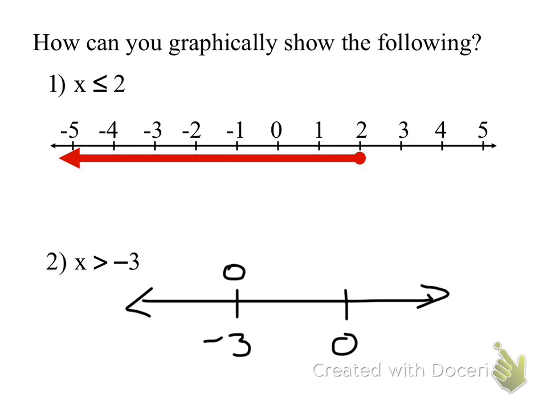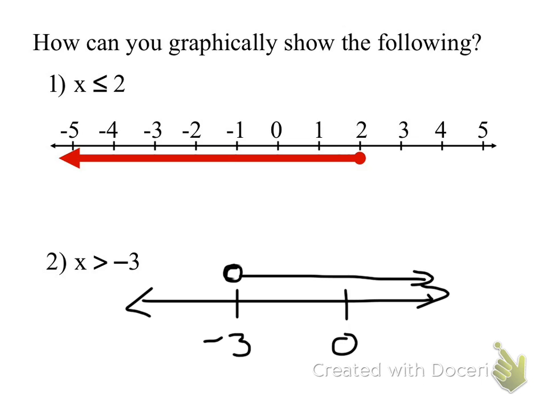So which direction would it go in? Shelley? To the right. X is greater than -3. And so that includes every point greater than -3, but not -3. -2 and 99 hundredths, -2 and 79 hundredths, -1, 0, 2, 3, 4, 5, a million.